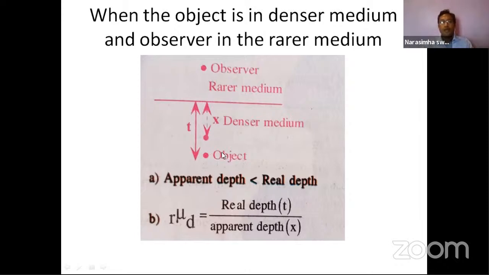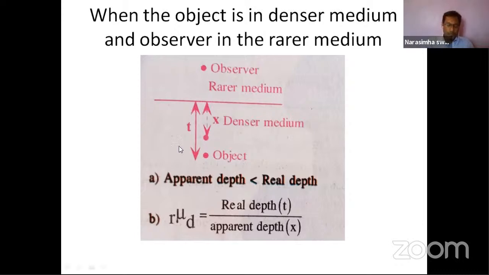Now we are observing from the top, from the air medium, the rarer medium. So how will this appear? Apparent depth.